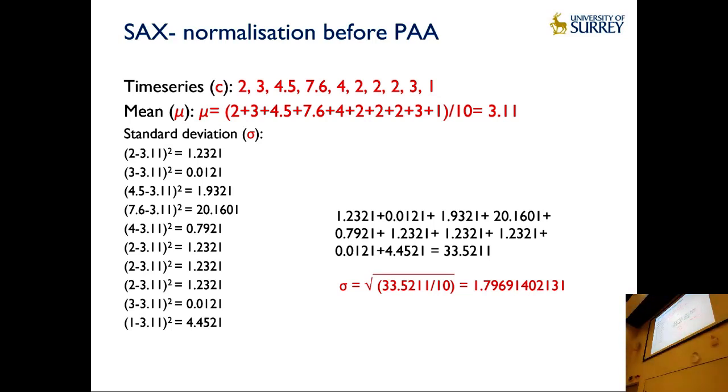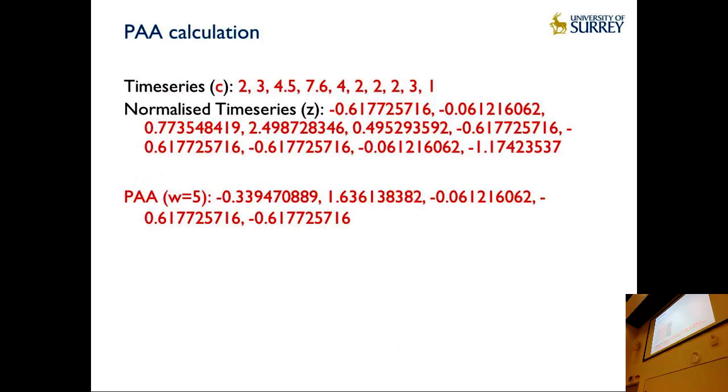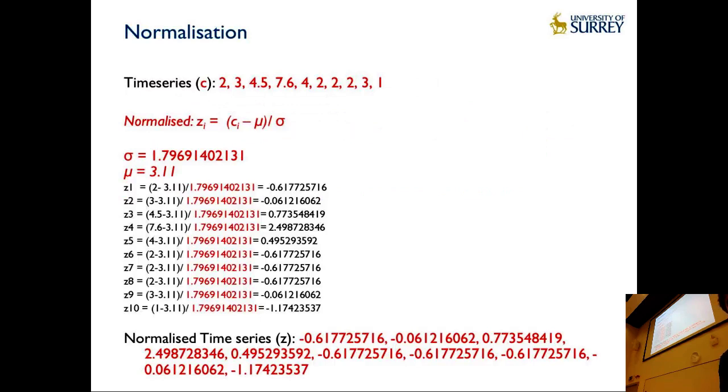Once we have our normalized distribution, again, we did a Z normalization, we used mu and sigma, mean and standard deviation, and we took each value minus the mean divided by the standard deviation, and we created a normalized distribution.